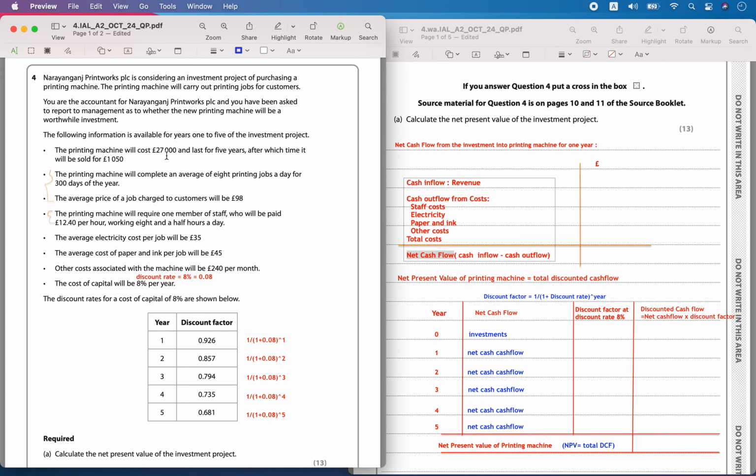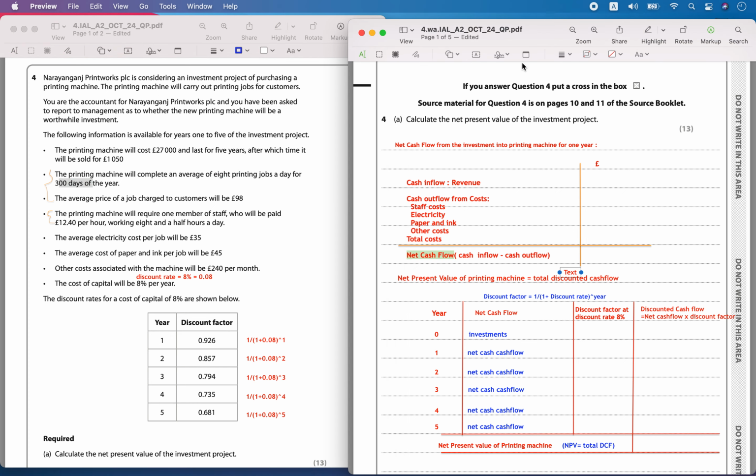First one is the revenue. We are saying that they are going to earn 98 pounds from a customer. How many customers are there? There are 8 customers, and they are going to work 300 days for the year.